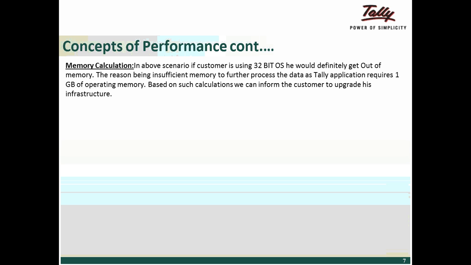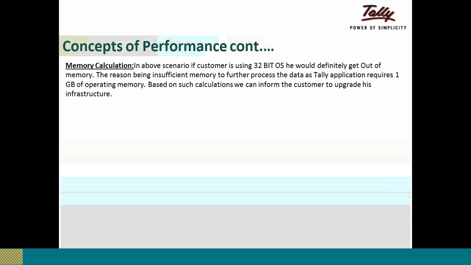The reason is insufficient memory to further process the data, as the Tally application requires 1 GB of operating memory. Based on such calculation, we can inform the customer. Basically, it has already occupied 1.8 GB.